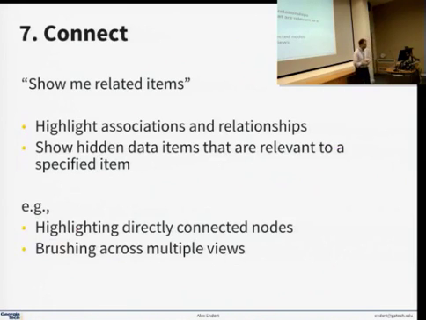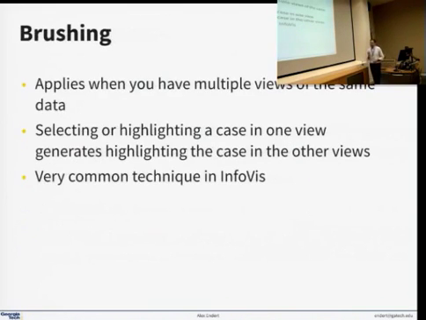The seventh point here, and the final one, is show me related items, right? The ability to connect based on the relational component of data, especially when you have more than one view. And this idea of brushing is actually central to this.